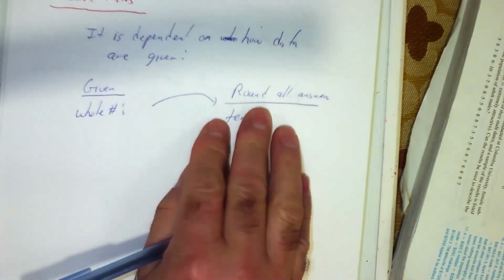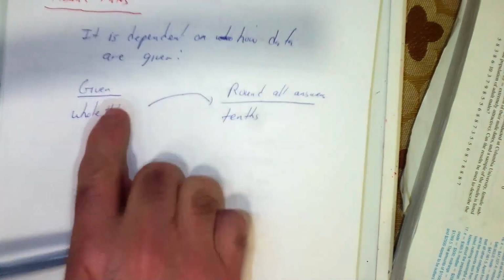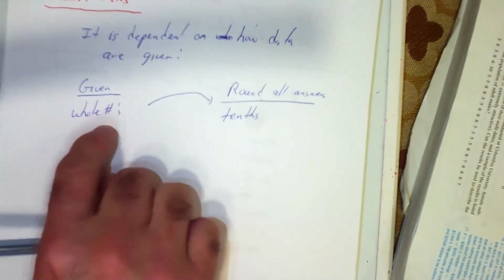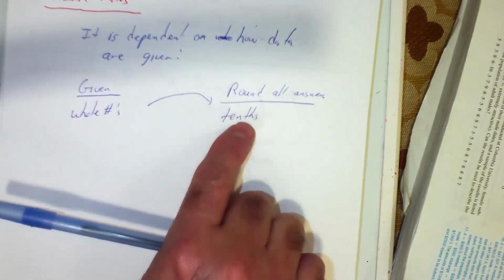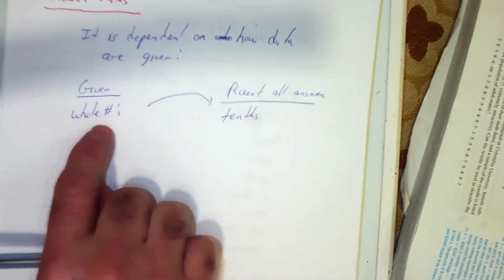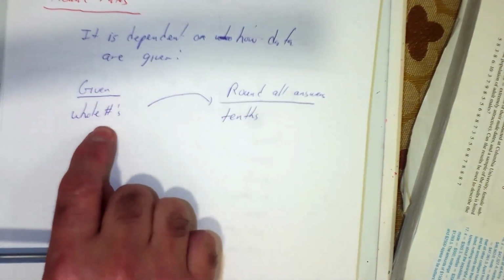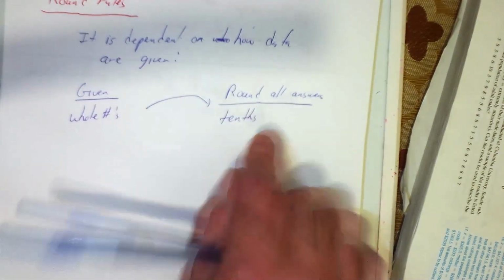It's always one place further back than how they are given. The answer should always have one digit more than how the data are given. So if they're given in whole numbers, your answers have to be in tenths.